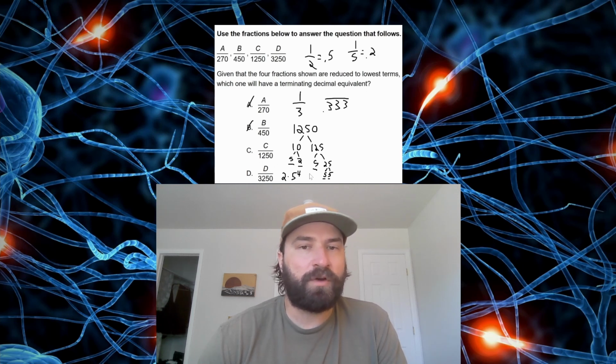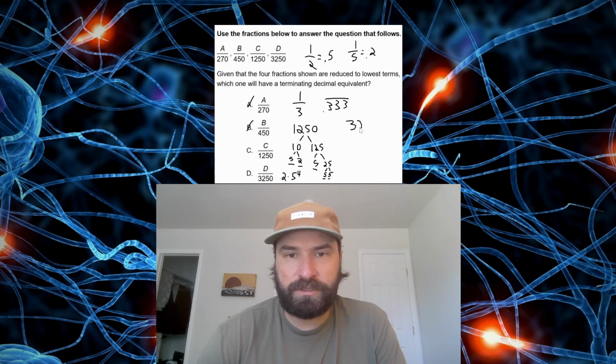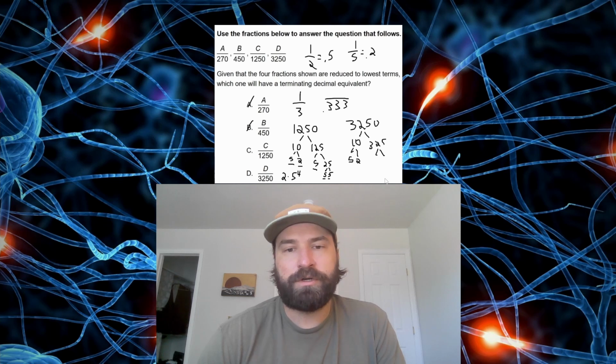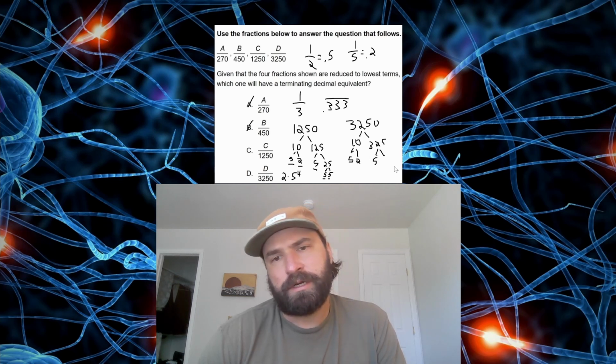It looks like we have no numbers that would cause a repeating decimal, but let's factor 3250 just for the sake of it to see what might be leading that to be a repeating decimal. So we got 3250. Again, I can tell that this is divisible by 10, so I'll just do 10 and 325. 10 is 5 and 2. And 325 is definitely 5 times something. I'm not sure what. 5 times 65?